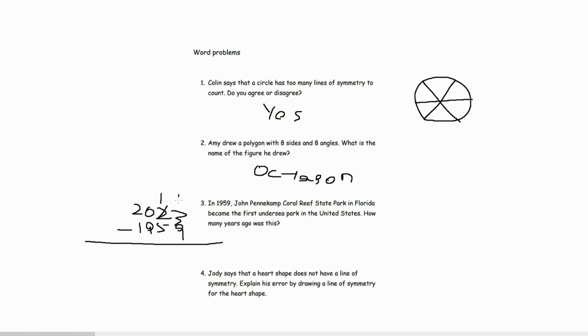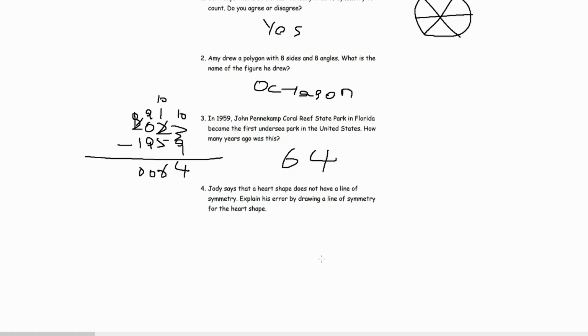Let's borrow, so 13 minus 9, which is 4. Let's borrow again. 10 right there. 11 minus 5, which is 6. And 9 minus 9 is 0. And 1 minus 1 is 0. So 64 years ago.